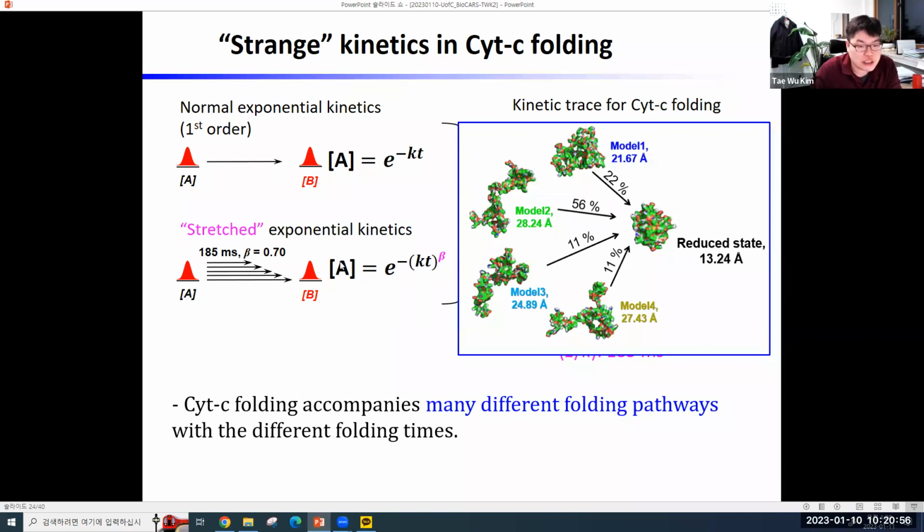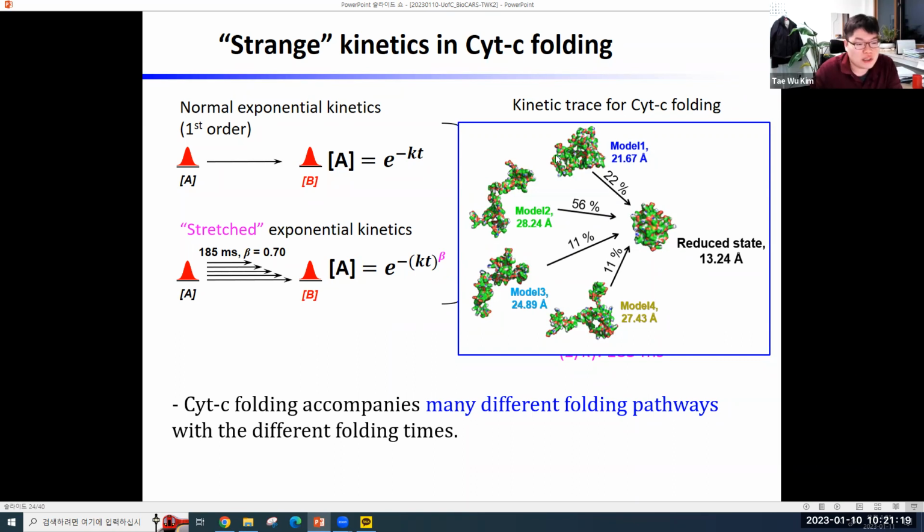Actually, this result can be connected to our result from the structural analysis of the steady state x-ray scattering measurement. Initially, the heterogeneously populated unfolded conformations can adopt different folding kinetics. All of those can be mixed in our observation.